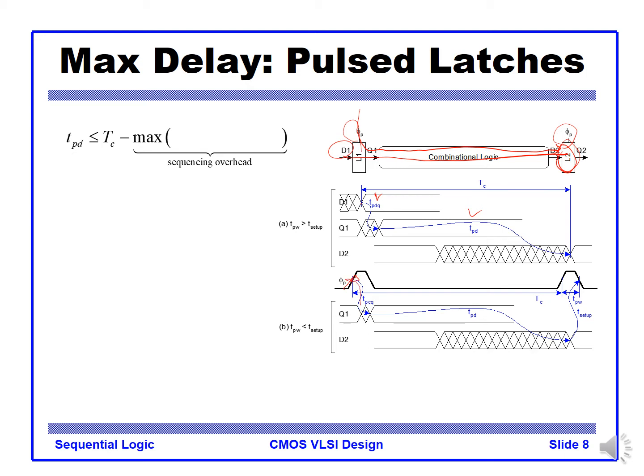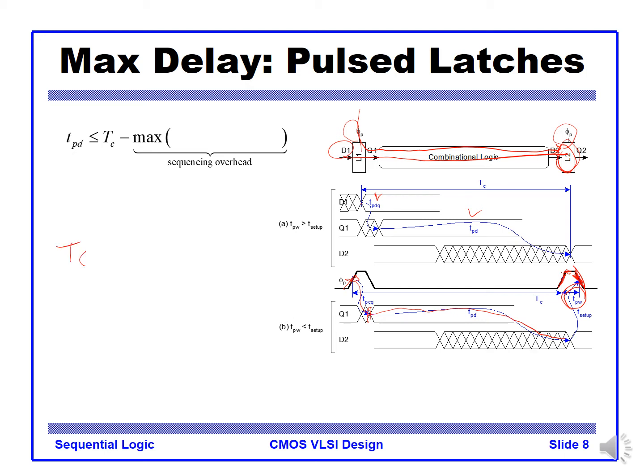the clock to Q delay will happen now, and the propagation delay, and then it can pass this rising edge, because even after this rising edge, because of the latch, we can still catch the value until the falling edge happens here. So we have even more margin of the TPW. It's a similar concept to time borrowing.